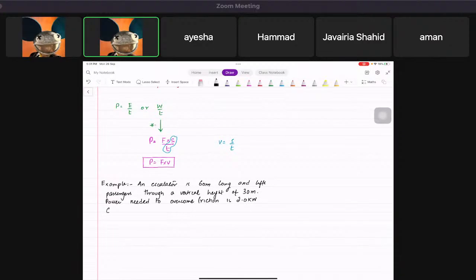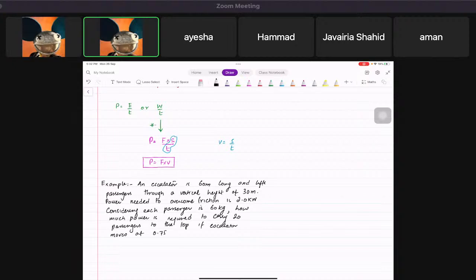Okay, so considering each passenger is 60 kg, it says how much power is required to carry 20 passengers to the top if the escalator moves at 0.75 meters per second. Is it clear, everybody? That's the question.